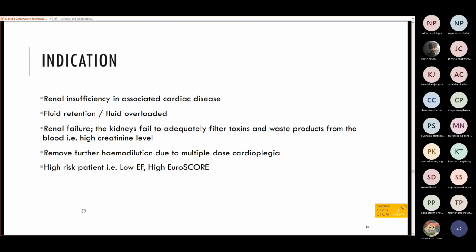But some said that it can be helpful to let some mediators out, like bad mediators from trauma that make the patient's condition worse. So it can be helpful for supporting high risk patients.